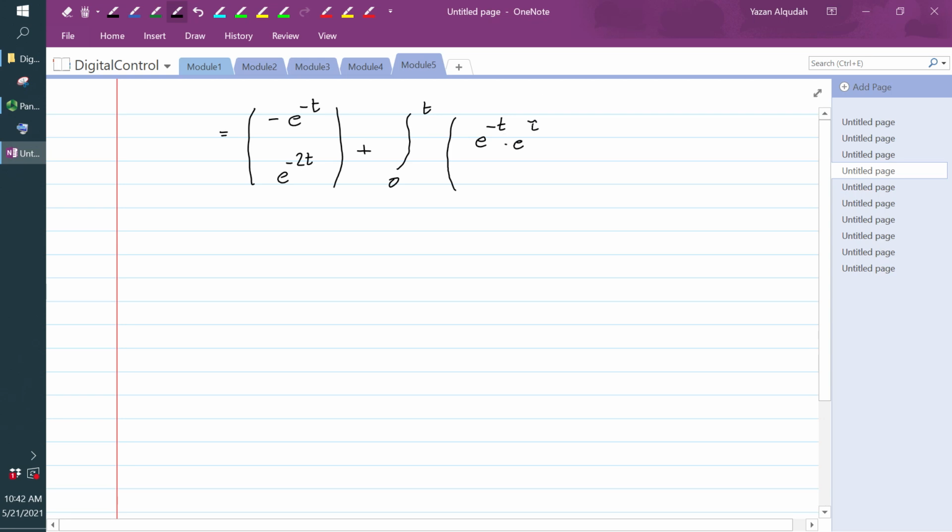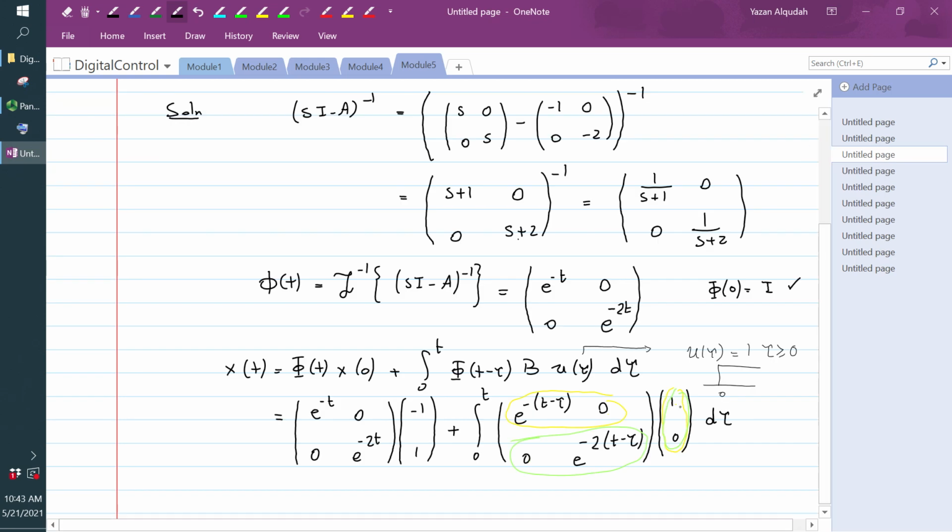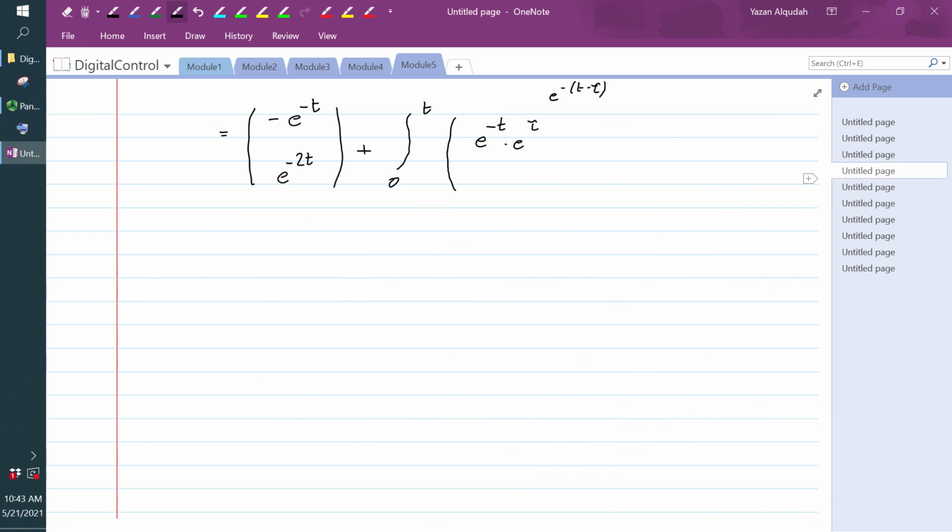This is the same as writing e to negative t minus tau. I just separated the terms. And then when I multiply the second row, 0 is going to multiply by the 1, e to negative 2t multiplied by a 0, that's going to give me a 0. So therefore, I'm going to have a 0 here, and this is d tau.